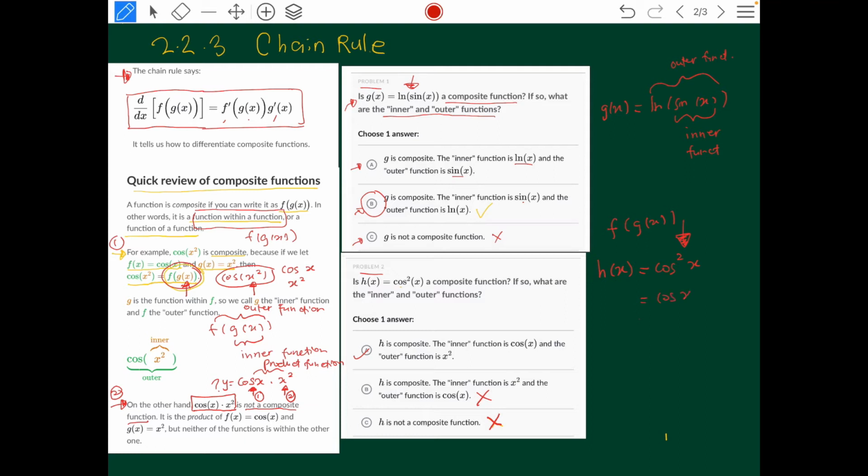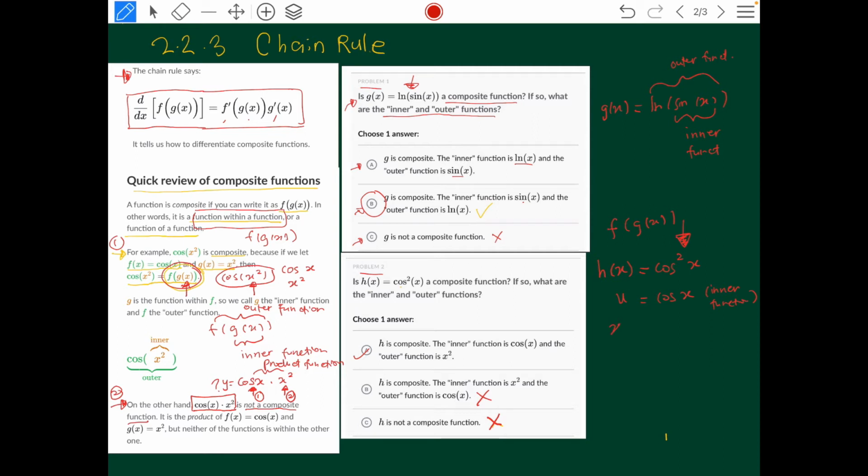The inner function is cos x. Let me define it as g(x). The outer function, this is a better way, I don't want to make you confused. Let u = cos x, which is the inner function.